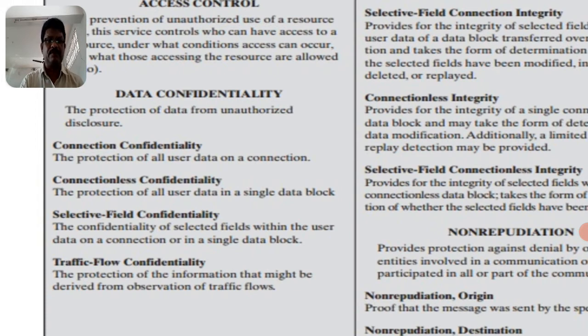The fourth one is traffic flow confidentiality. This is the protection of information that might be derived from observations of the traffic flow. Whatever the traffic flow is, some observations are taken: whether the packet is transmitting smoothly or not, and whether there is any difficulty in the traffic flow.